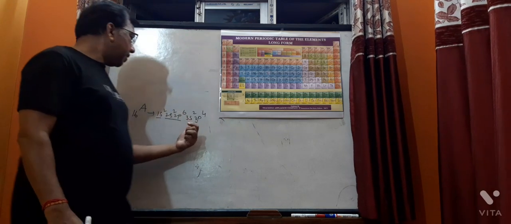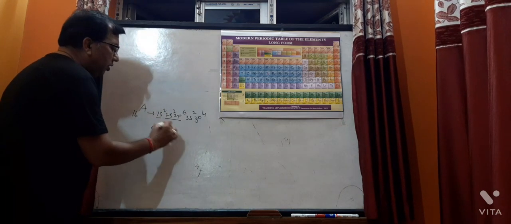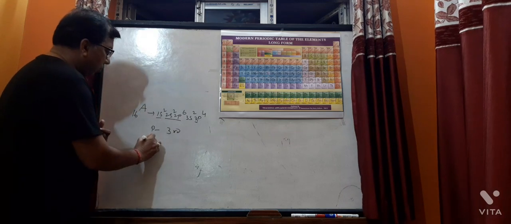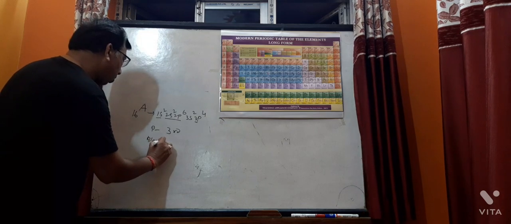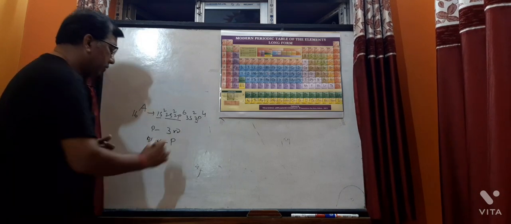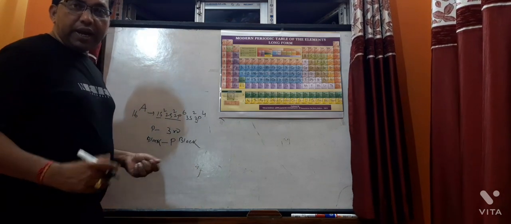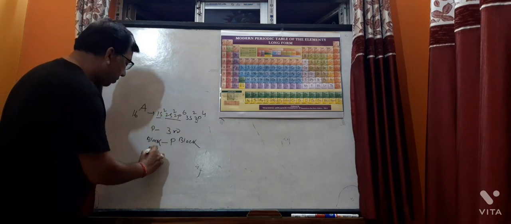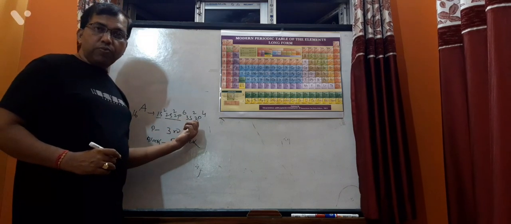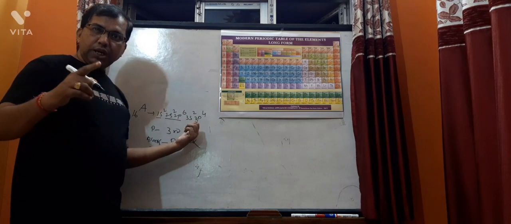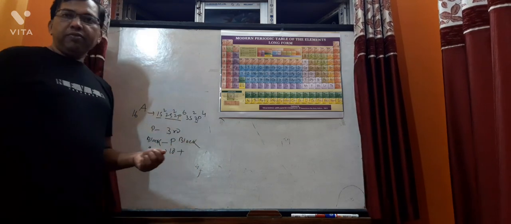The 3p subshell means the third period, period number 3. The block is p block element. And the group number for p block elements will be 10 plus the total number of valence electrons.